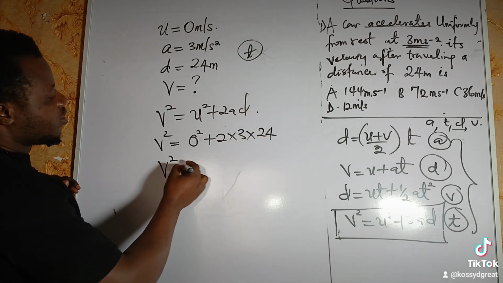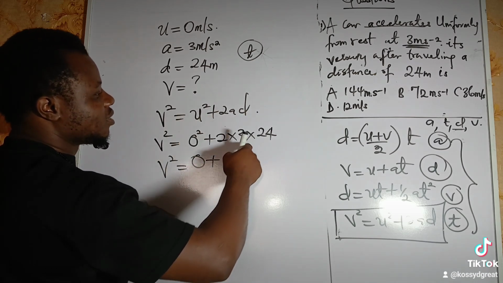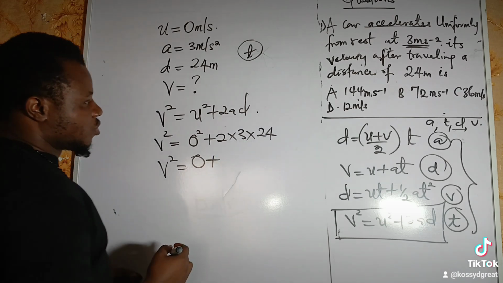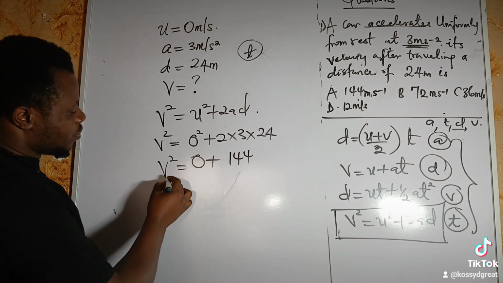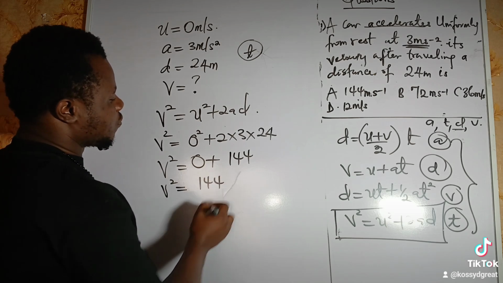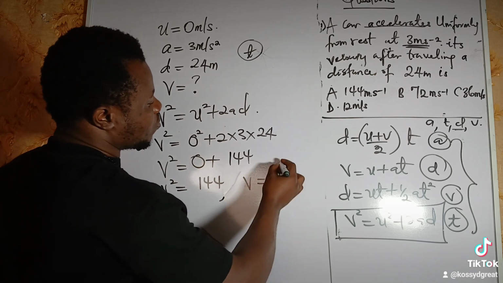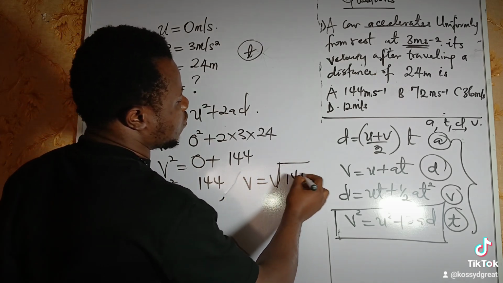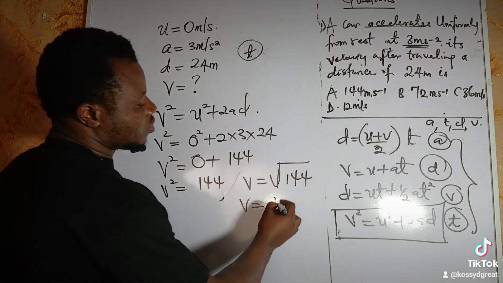So V squared is equal to 0 squared, which is 0, plus this times this, which gives us 144. So V squared is equal to 144, and V is equal to the square root of 144.